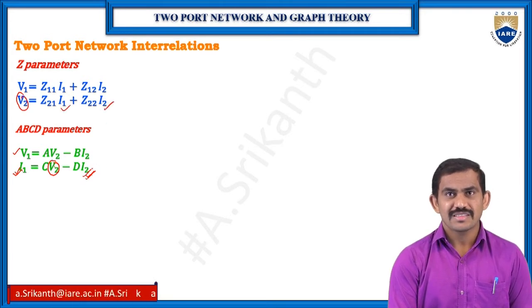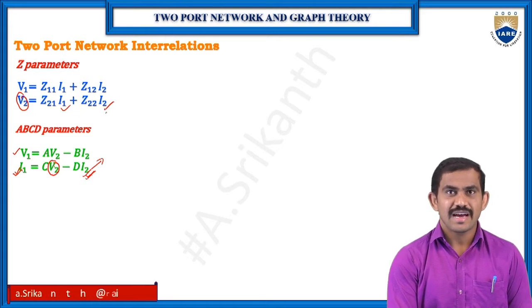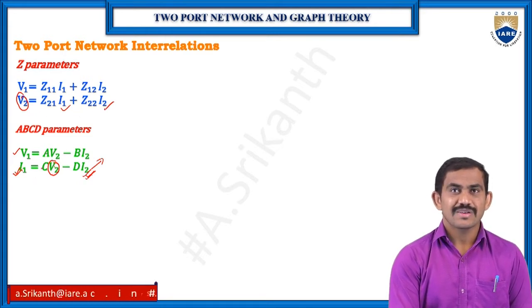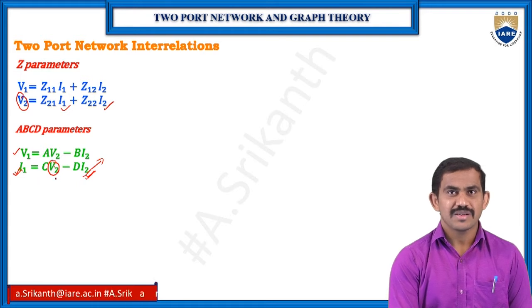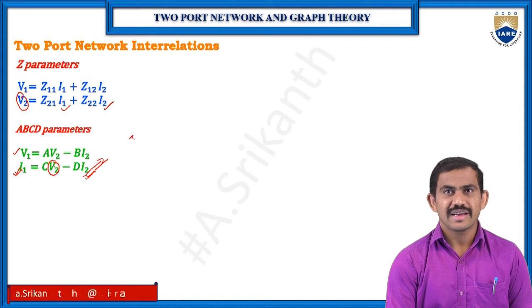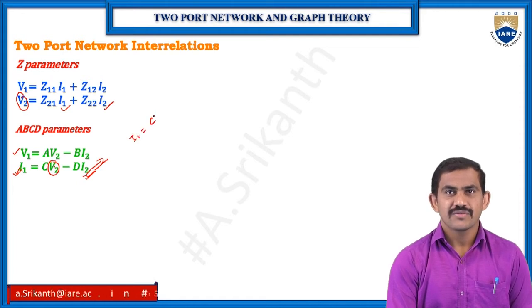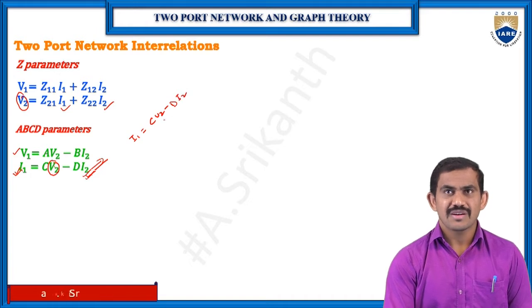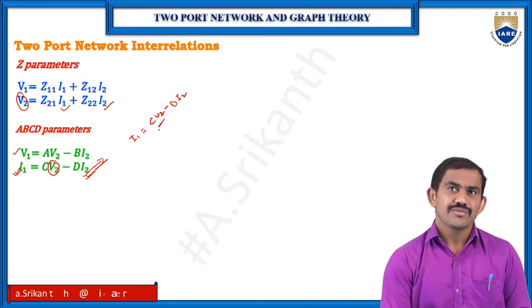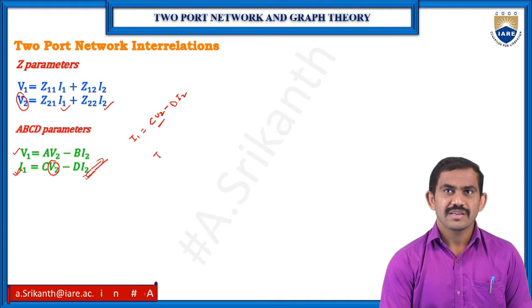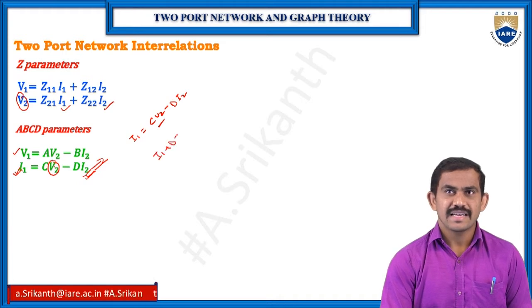Now you can convert this equation in form of V1 and I1, I2, and compare with z parameters. If you observe here, your equation is I1 is equal to C V2 minus D I2. So I want the V2 value. So I1 plus D I2, you can transfer to this side, we get C V2.